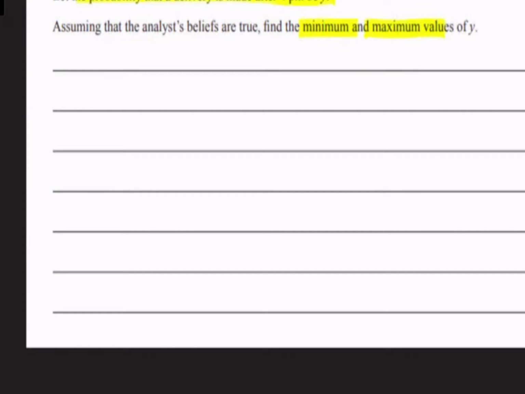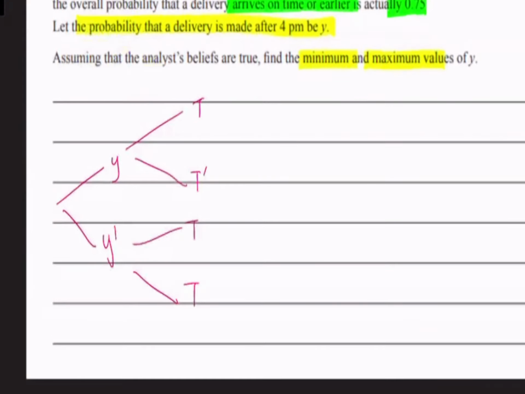Like the year 12 question in the previous part, there are two things to this. Either it arrives after 4 p.m. or it doesn't, and then it either arrives on time or not on time. And we're trying to find y.